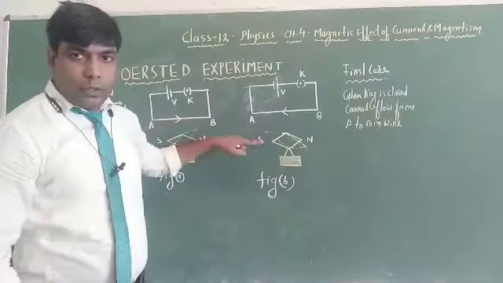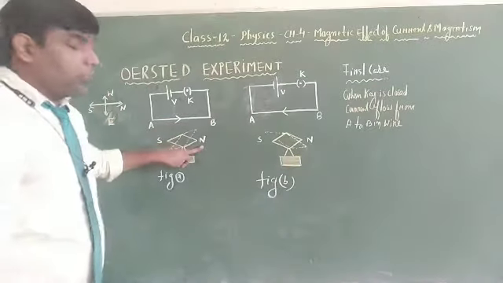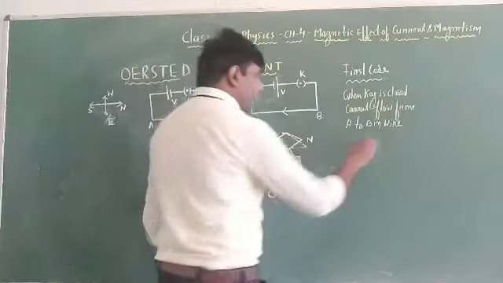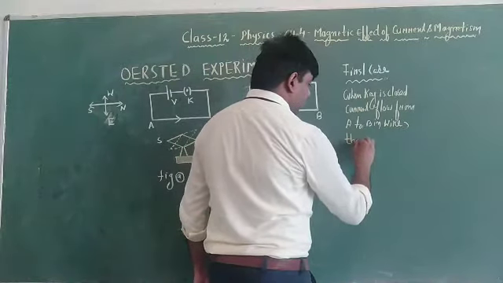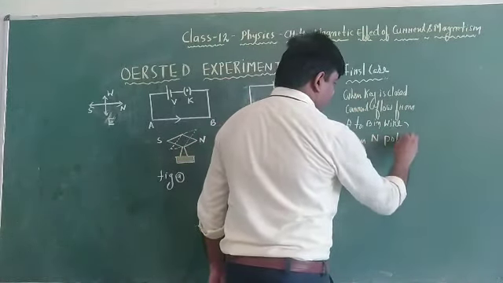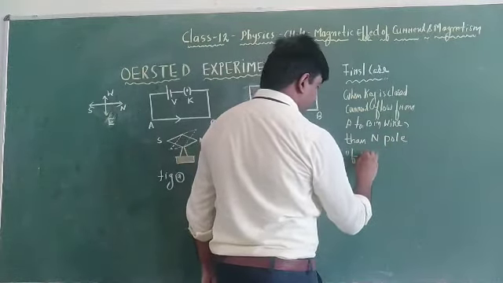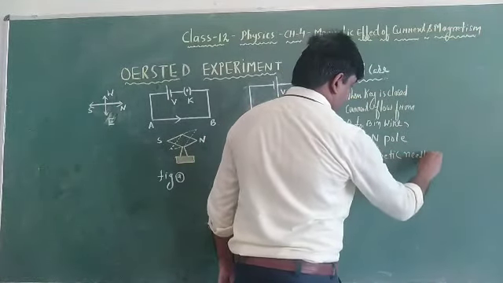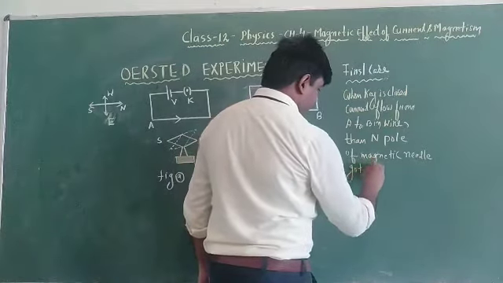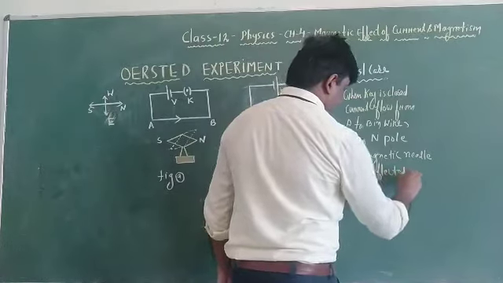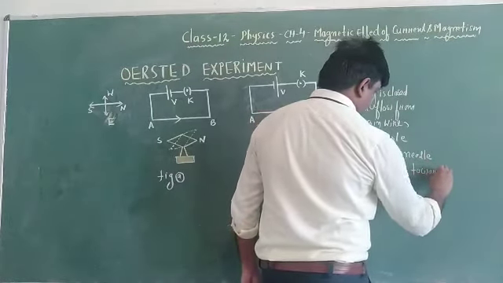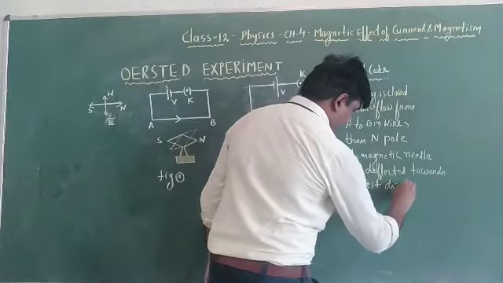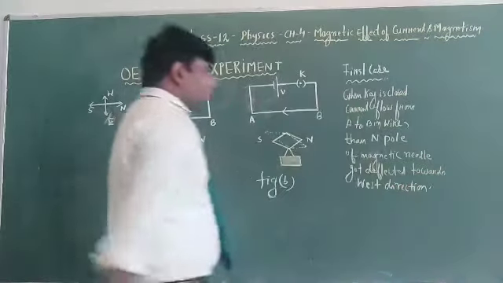That is, when current is flowing from A to B, Oersted observed that the north pole of the magnetic needle got deflected towards the west direction. Right? This was the first case.